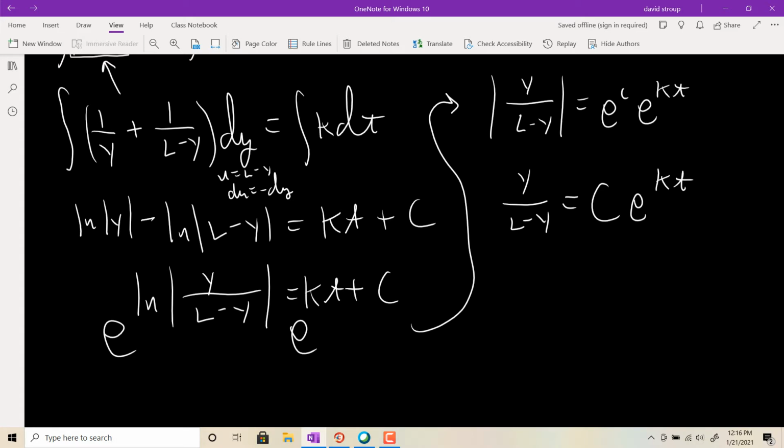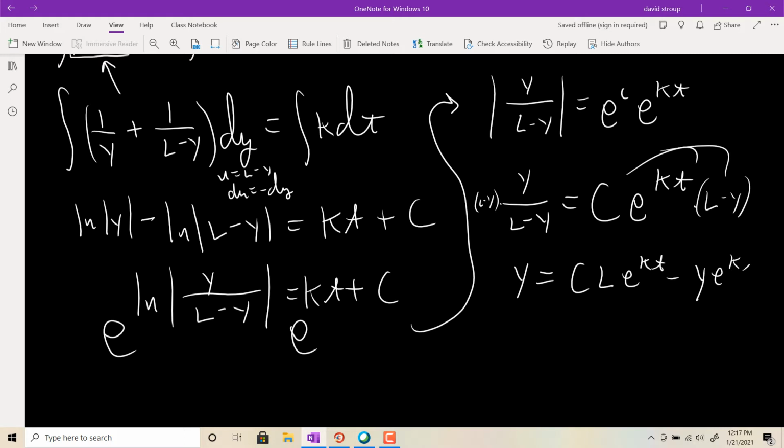Then I want to multiply both sides by L minus y. So I want to get y equals something. So I'm looking for an explicit solution. I'm going to distribute this. I'll have CL e to the kt minus C y e to the kt.